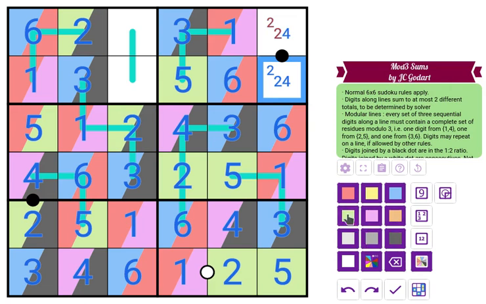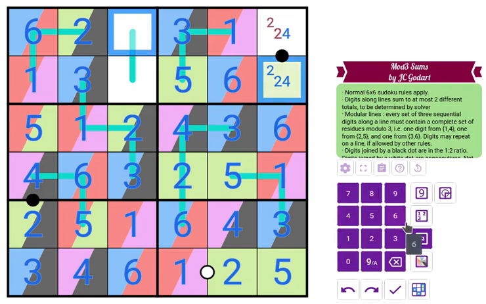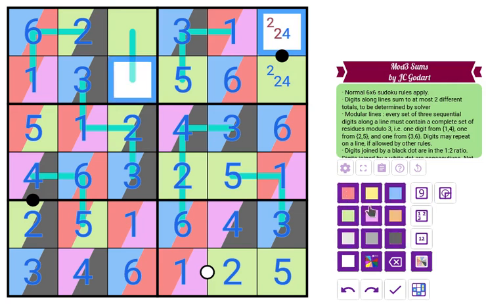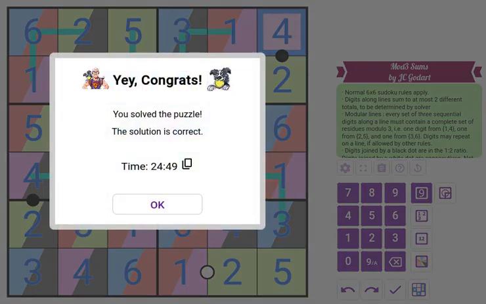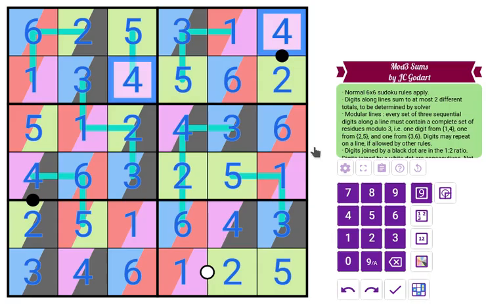So I will put in the colors here. 5, 2, and 4, and so that's it.